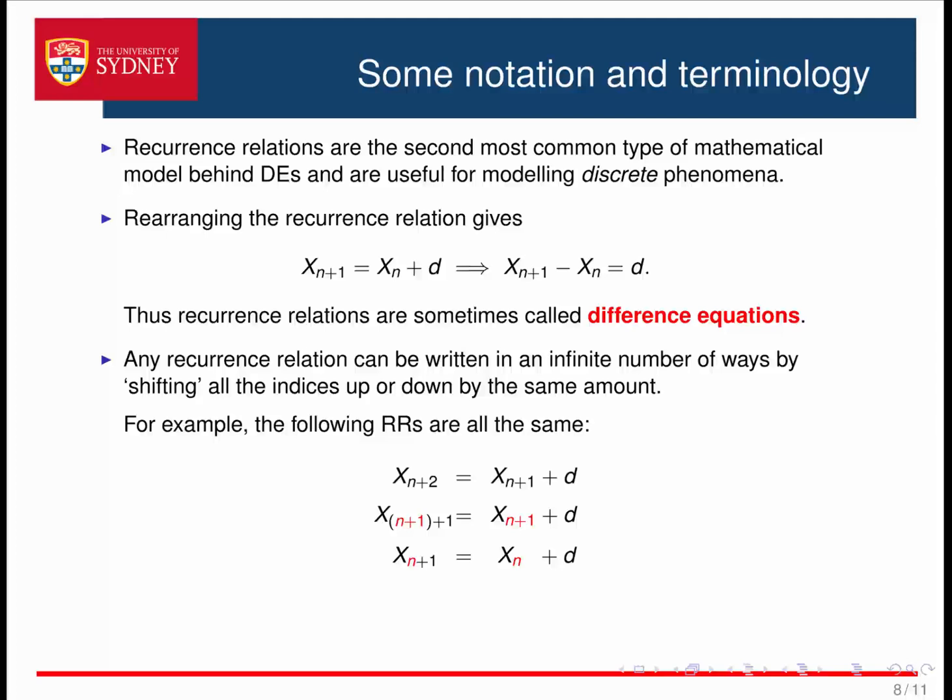The subscripts then simplify, and we get the following equivalent equation. To summarize, replacing n by n plus 1 throughout the original equation produced the new equation. A simpler way to remember this process is to just add 1 to all the subscripts. That is, we have shifted all the indices up by 1.